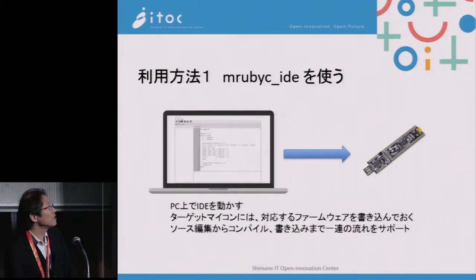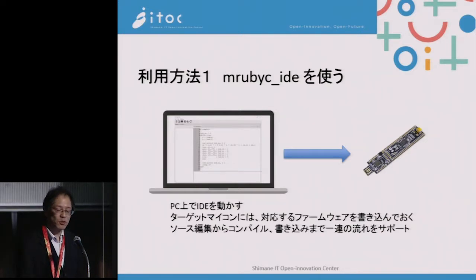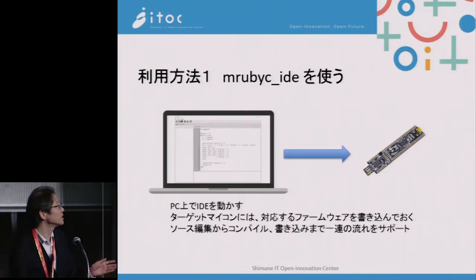And for the actual examples, let me talk about two. One is that currently we are also working on the IDE for mruby. And this will be completed soon. Once it is complete, we will put it on the internet.